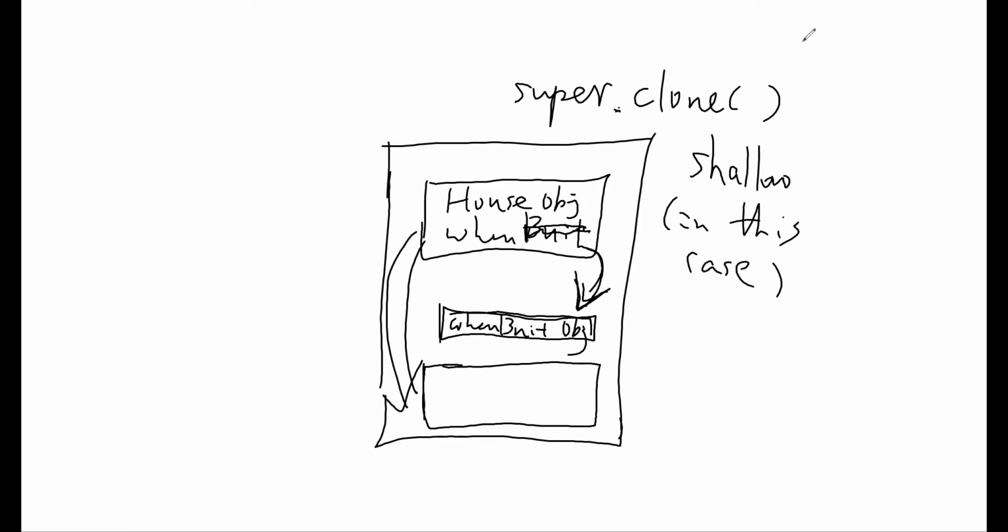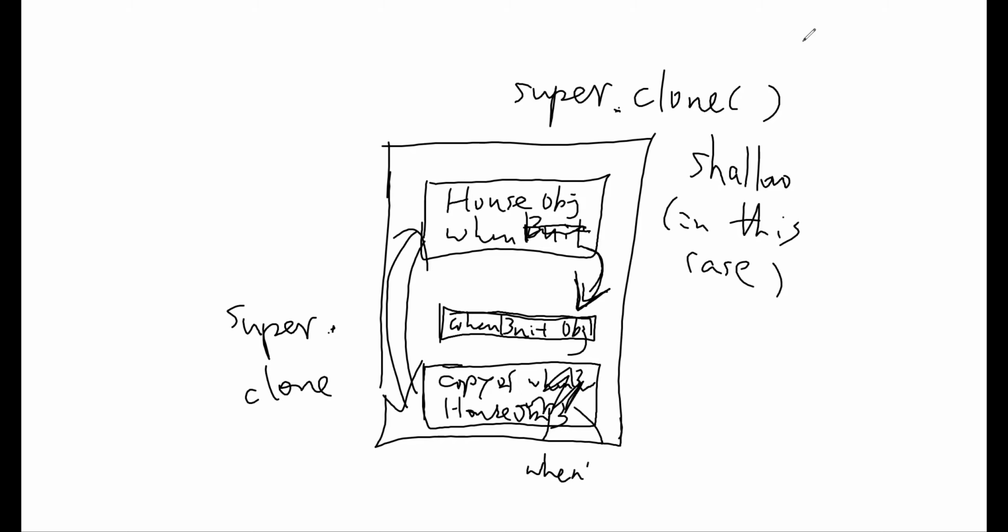You did copy. So when you call the super.clone, is it at a new memory location? It's a copy of the house object. But the whenBuilt date points to where?